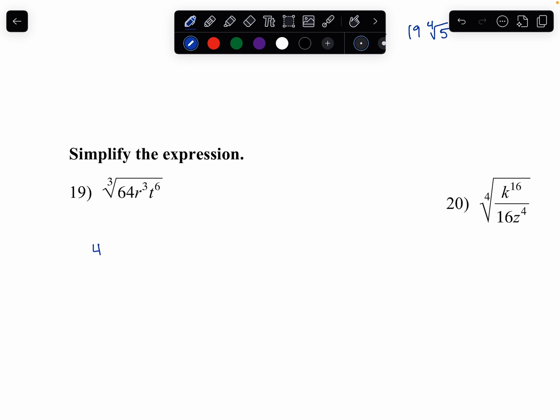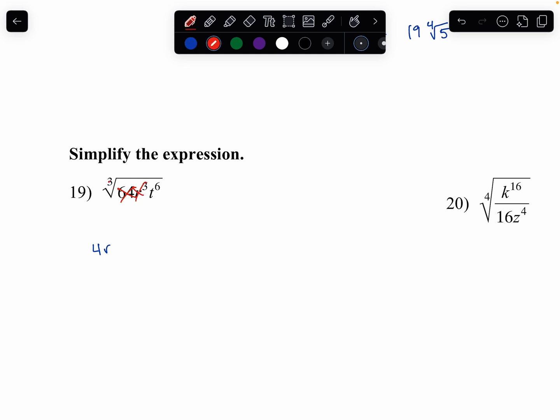So I'm going to have 4. Then that's gone. That's not going to be in the third root anymore. The third root of r to the third power is going to be just r. So I can write r. So then that's gone. That's not going to be in the radical anymore.